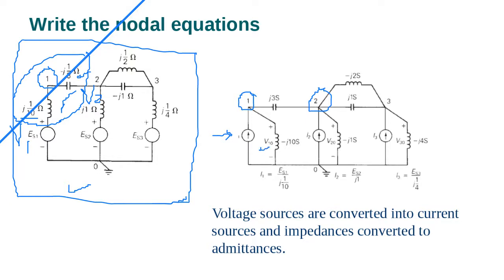Why do we need to convert? Just for convenience. If you can work it the other way, it's okay. But both sources are converted into current sources. So we add the admittances. We add them, converted into admittance. That's why we call it the Y bus. It's convenient to convert it into admittance. So both sources are converted into current.